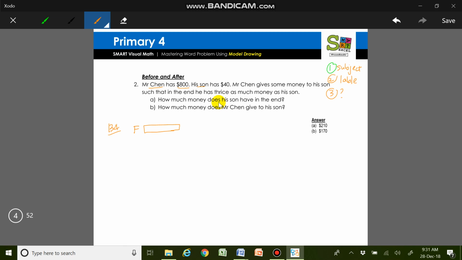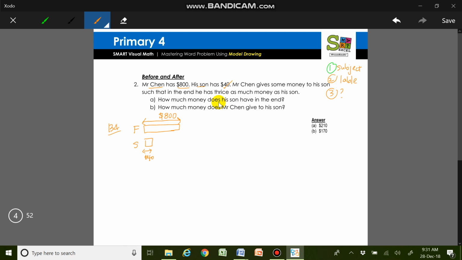It really cuts the time and makes it more efficient. So the father here has $800, and the son, S for son, has 40. This is the first statement. Every time we do a model, we always translate sentence by sentence.